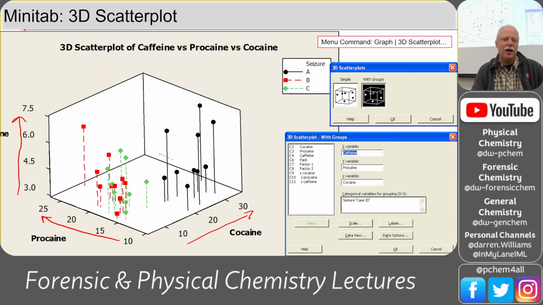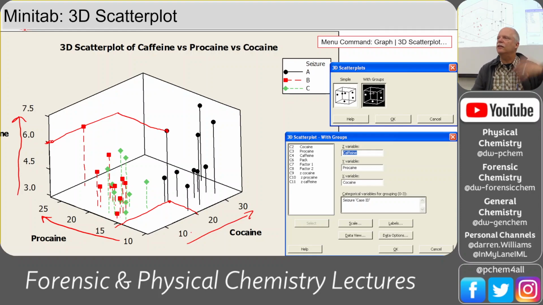Those little drop lines will help you know that this data point is really high in caffeine, and it comes down here and it hits this point for the cocaine here, and it hits this point for the procaine here. So if we were to draw this thing, it would hit right there and it would come across. So that would be the number. It's about 6% caffeine, about 20% cocaine, and about, I don't know, close to 15% procaine.